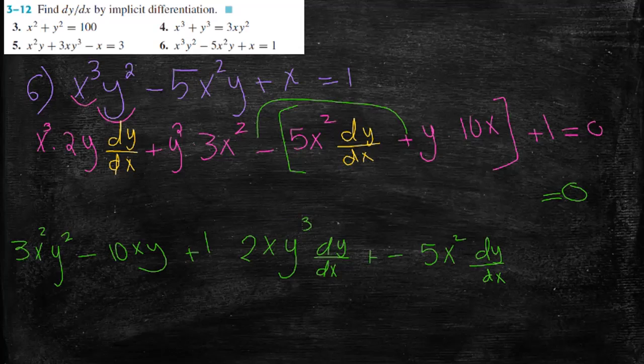Two x cubed y, here, this one here? Yes. Here we have plus sign equals 0.